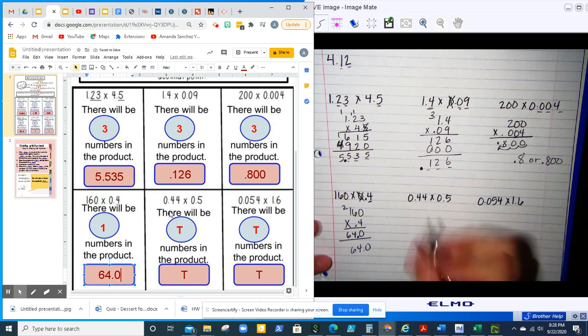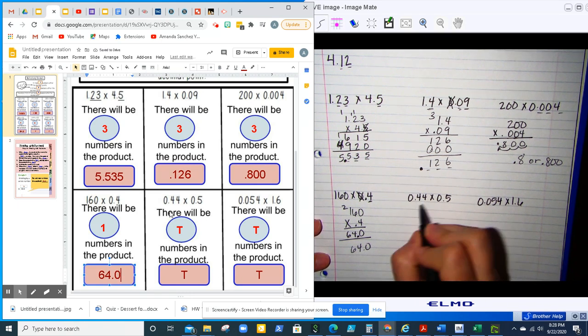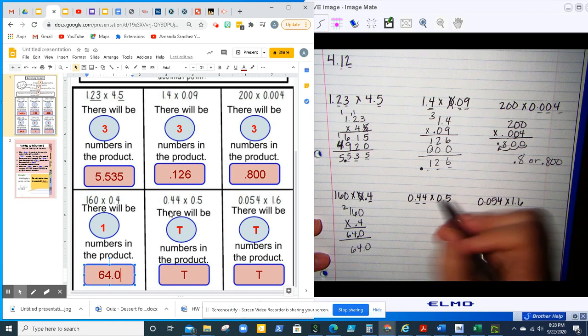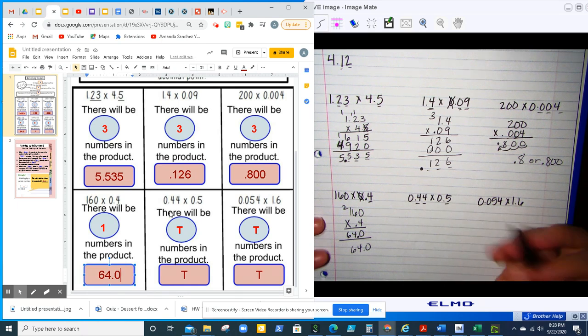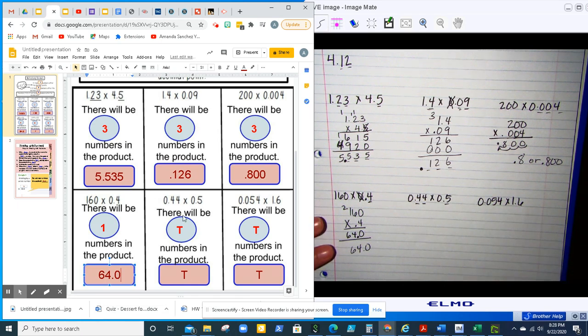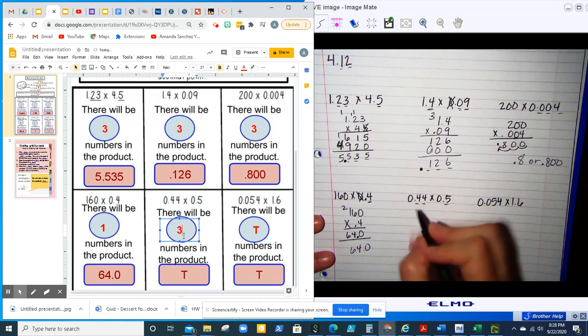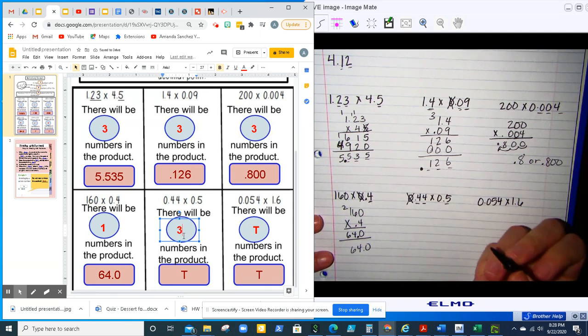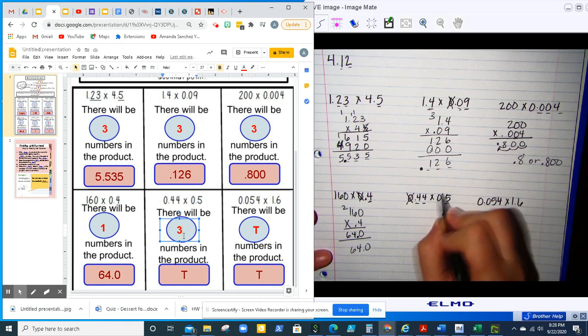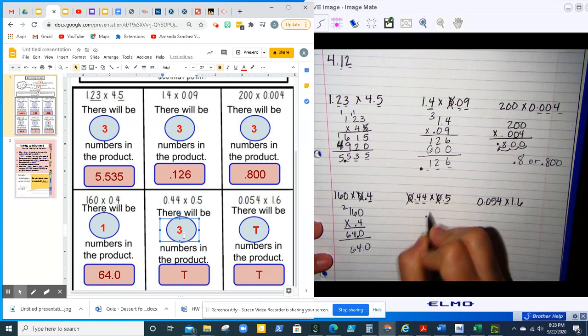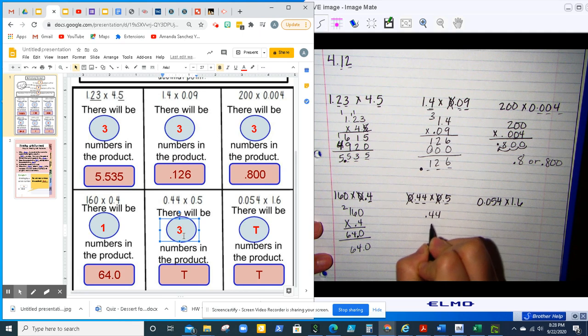Okay, for number 5, we have 2 numbers here behind the decimal and 1 number here. So that means you should have a total of 3 values behind the decimal. I don't need that 0. It has no value. So 0.44 times 0.5.